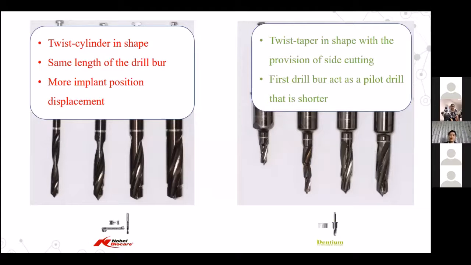Besides the number of components of the guide resulting in implant displacement, the drill shape and the drilling protocol can also cause more implant position displacement. In the Dentium, on the right side, the drill is twist-type in shape. It has side cutting, which can resolve the direction during osteotomy.